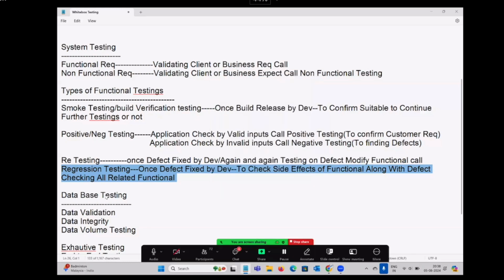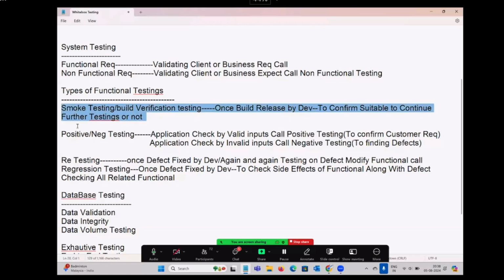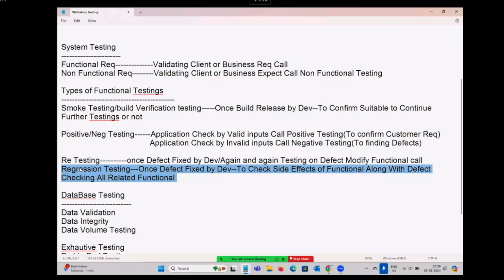Next, database. First of all, what is meant by database? Smoke testing, positive, negative, retesting and regression are all testings on the front end application.